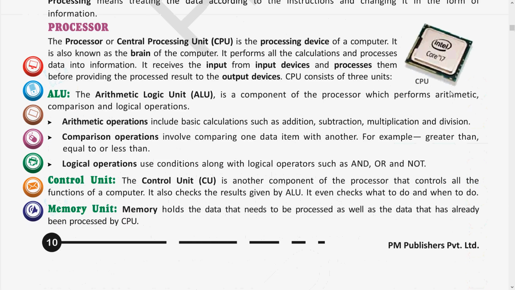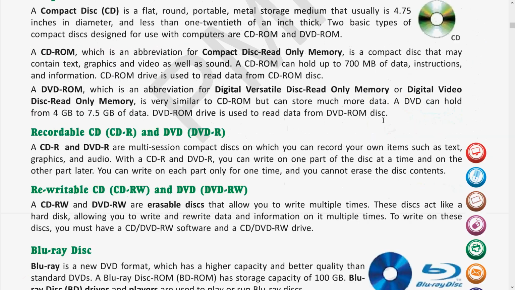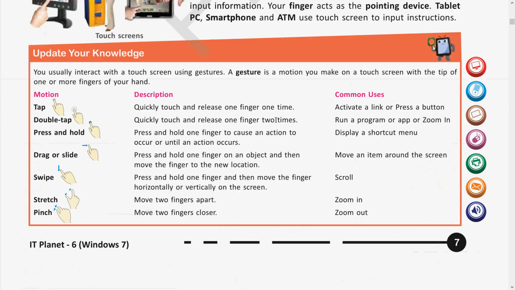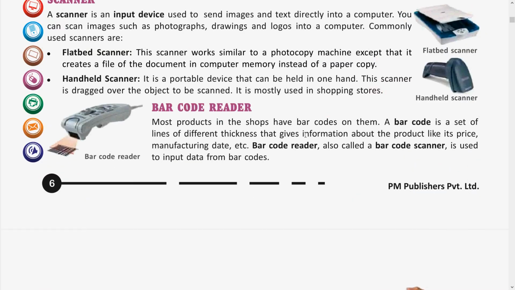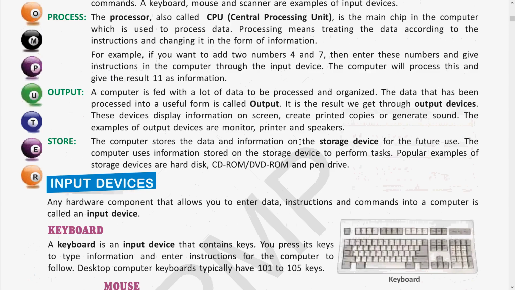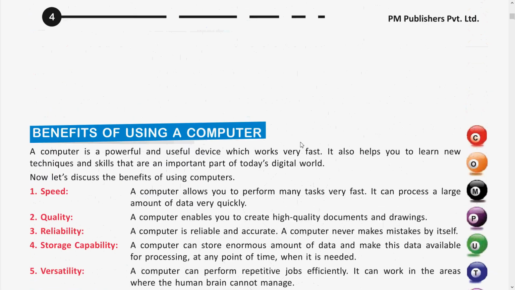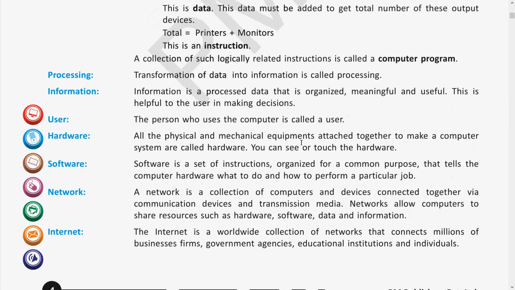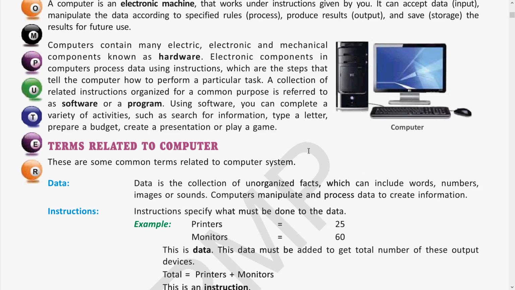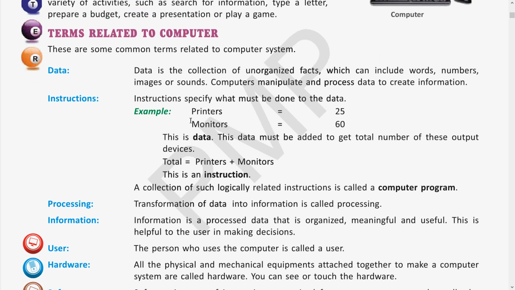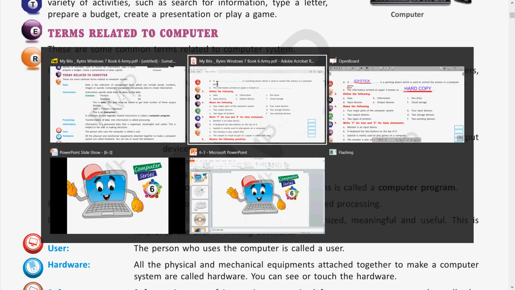Let me come to the part where the definition is given. If you come to the initial pages of this chapter, you can find it, yes, here I think it is on page number 4. So what is data? Here you can see data is collection of, okay, let me bring my pen with me.